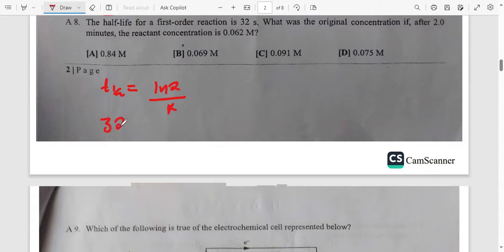So put there 32, and that will be equal to natural log of 2 divided by k. To find the value of k, we simply find the natural log of 2 and divide the answer by 32. So natural log of 2, answer divided by 32.